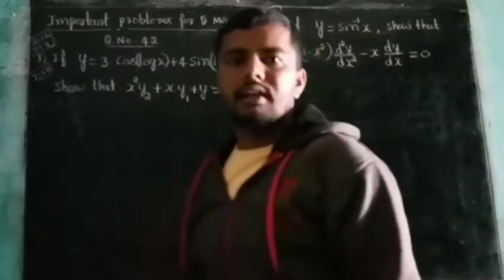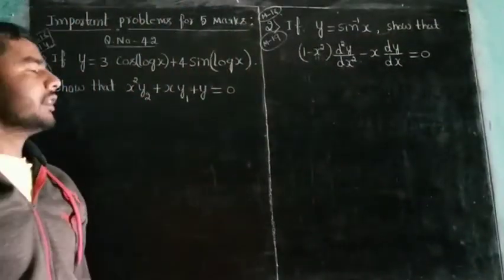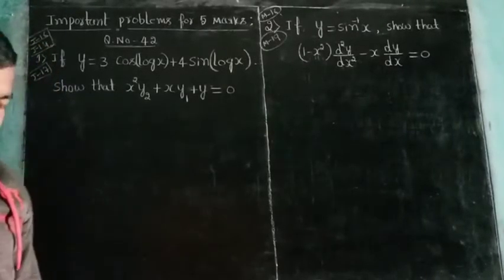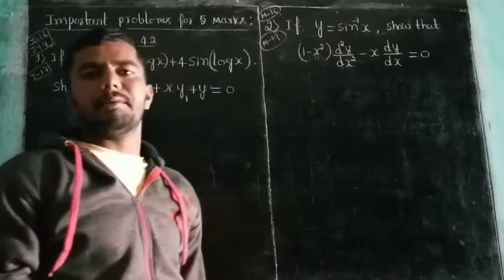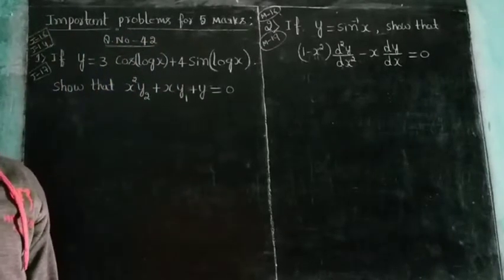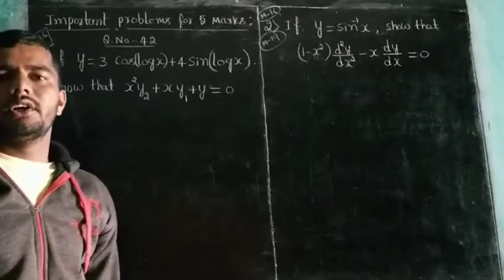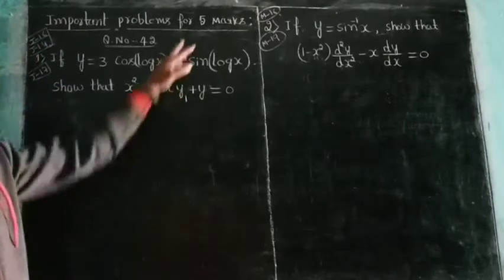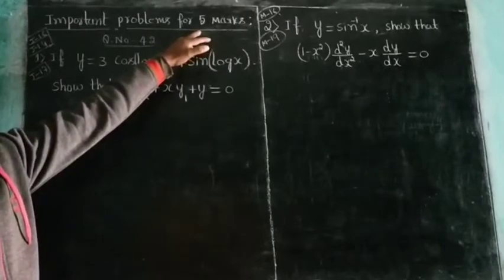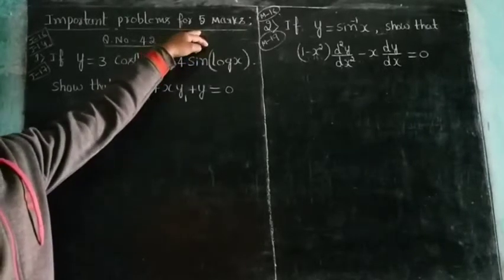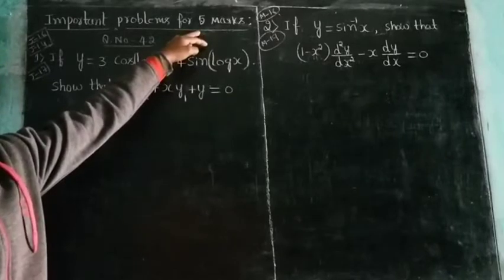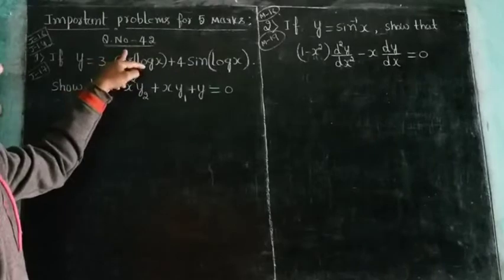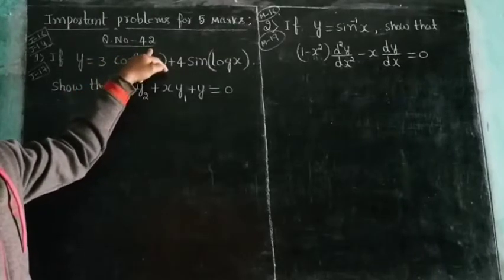Dear students, in the last video we started second order derivatives and solved some basic problems. In this video we discuss important problems for 5 marks, and these questions will appear in your examinations in part D, question number 42.